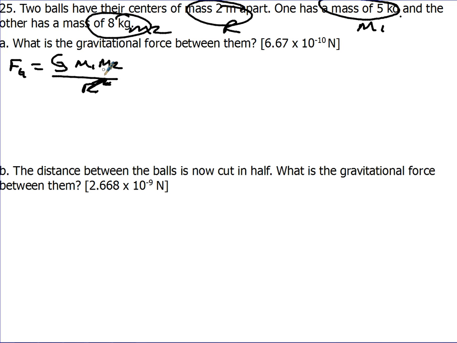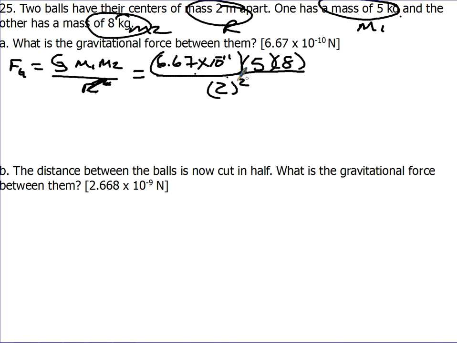So this is equal to G is 6.67 times 10 to the negative 11. M1 is 5 kilograms. M2 is 8 kilograms. And this is divided by, what was our distance? 2 squared.